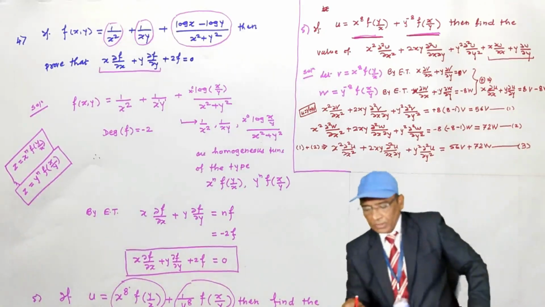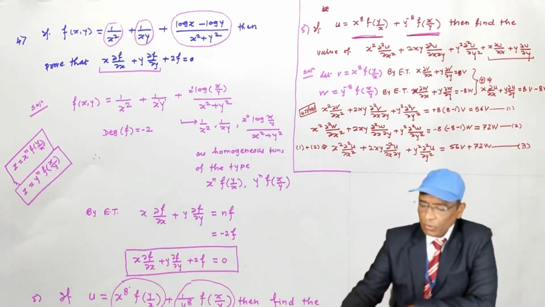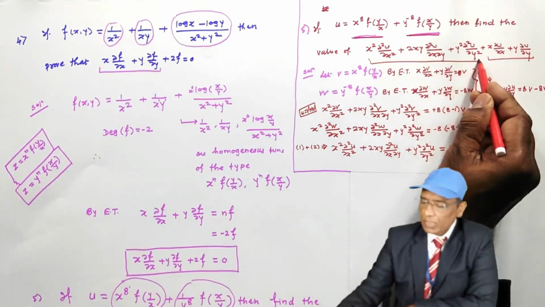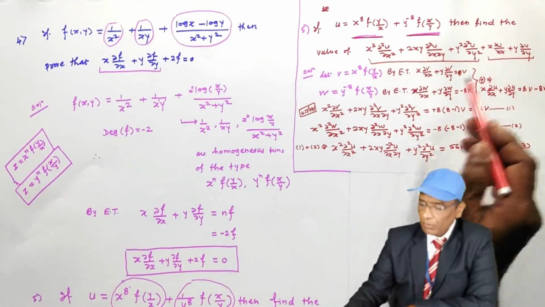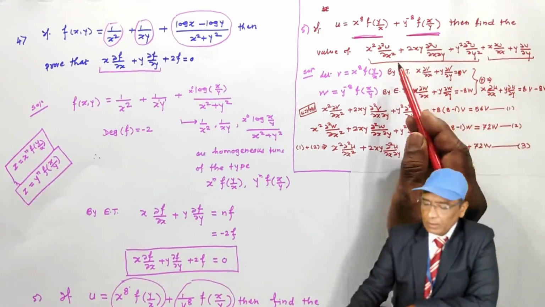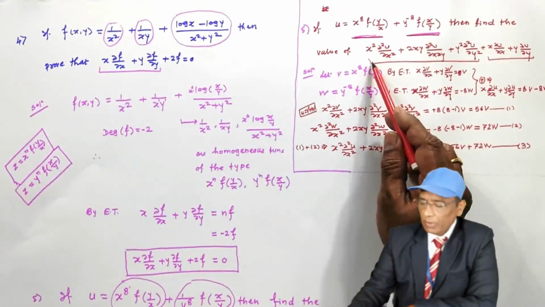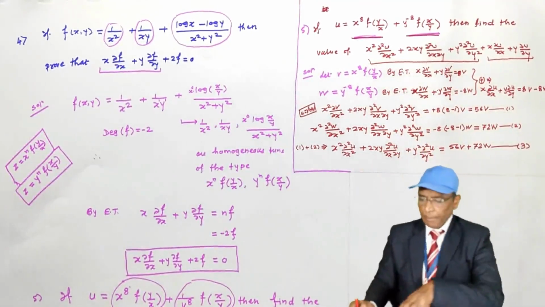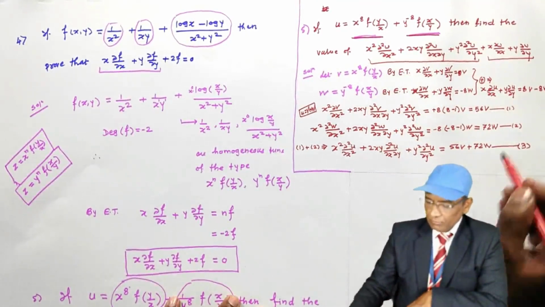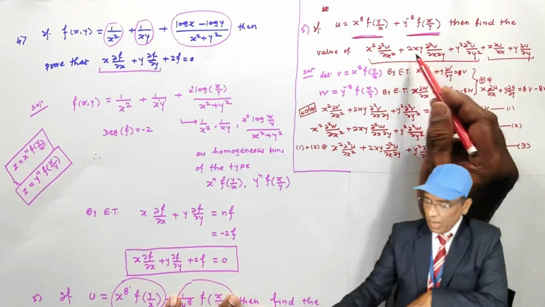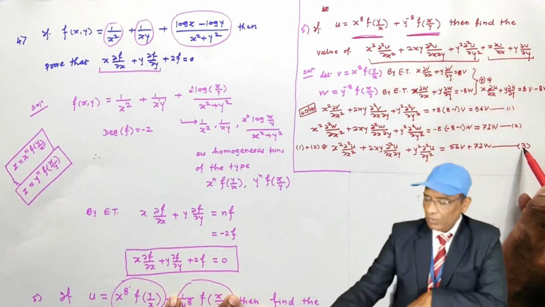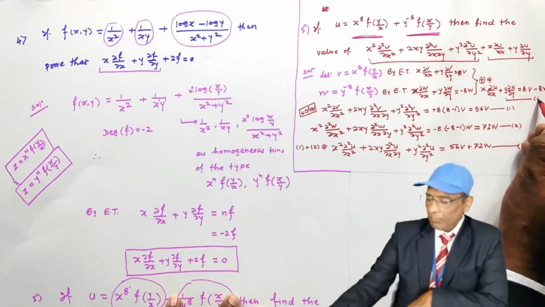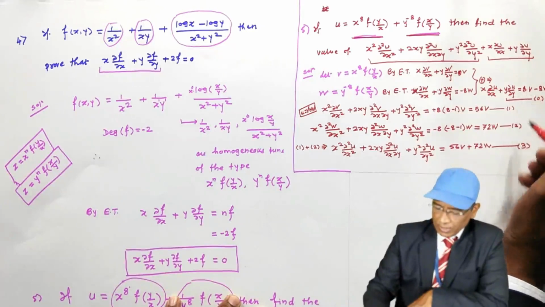right? See, we have found value of this also. Initially value of this component I found, and then value of this component by Euler's theorem we have found. Now adding, we want addition of these two. You may call this as equation 0. I am going to add equation 0 and equation 3.